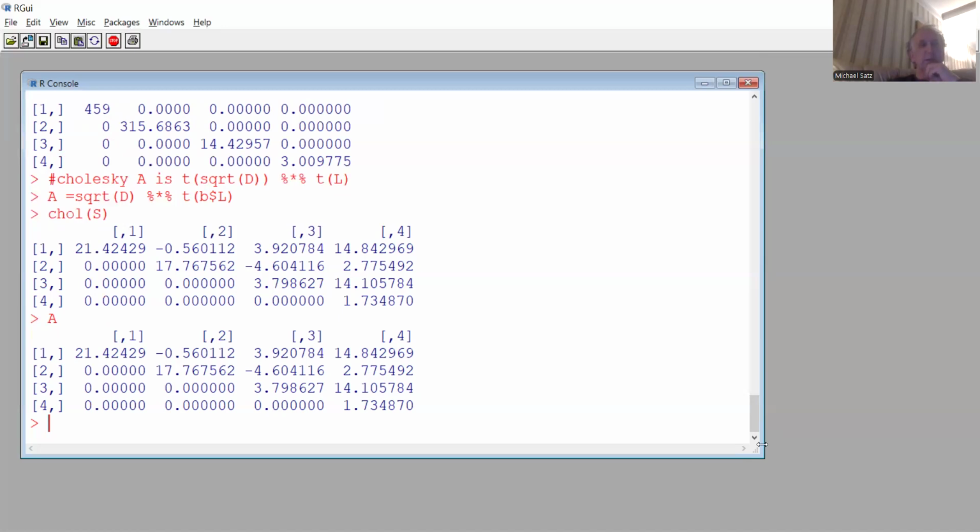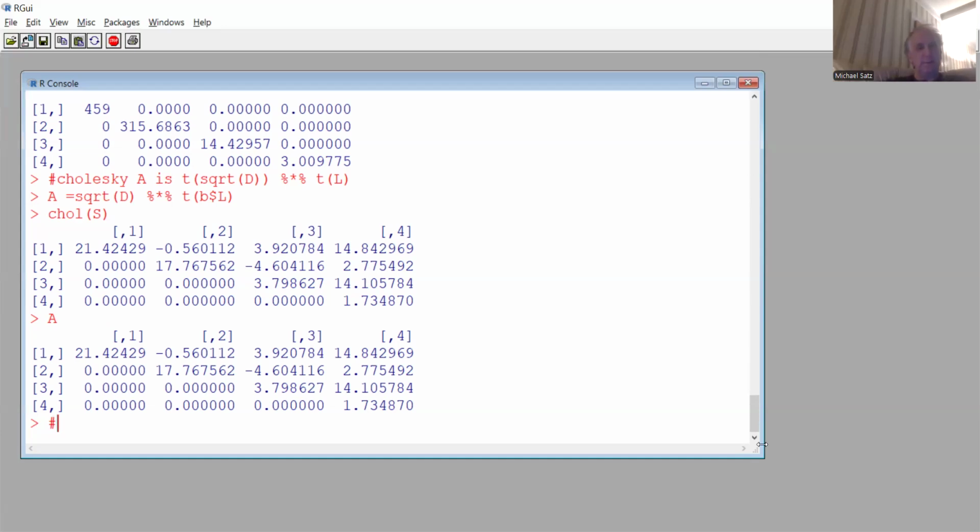The other side of the Cholesky decomposition is the flip of this. The diagonal's the same, but everything else is the transpose of this. So basically, if I have A here and if I go now A transpose A, I should get back S, right?